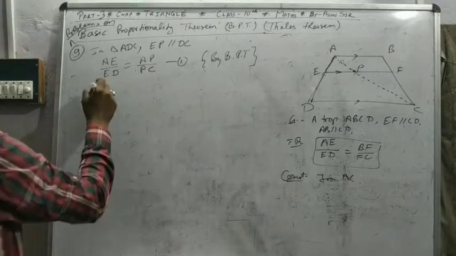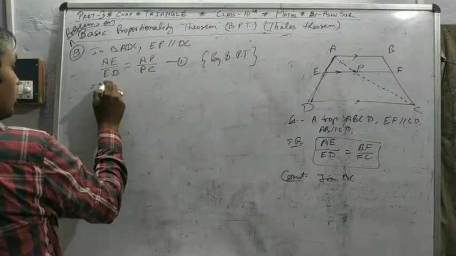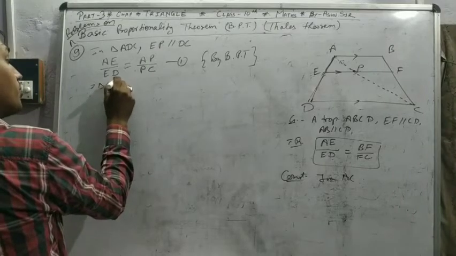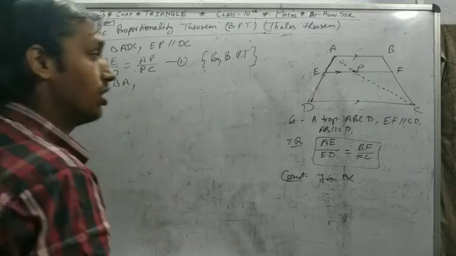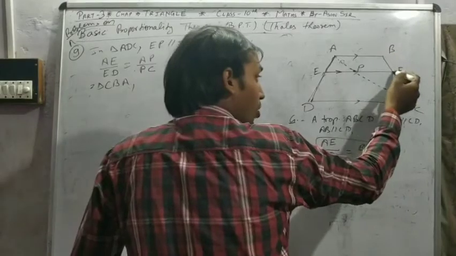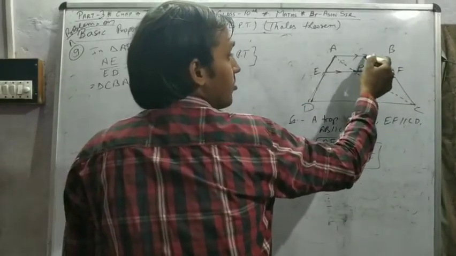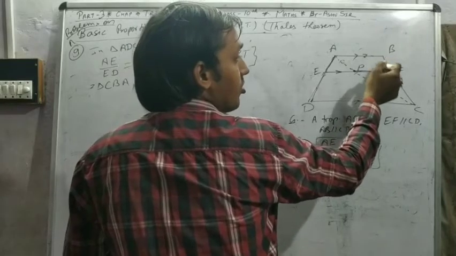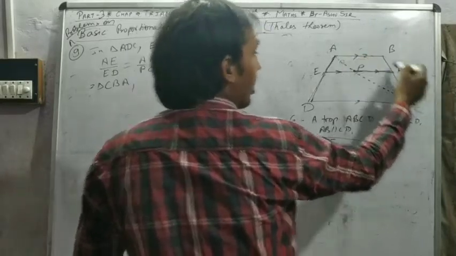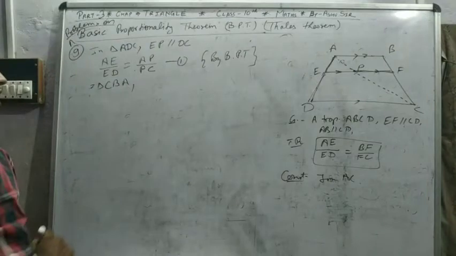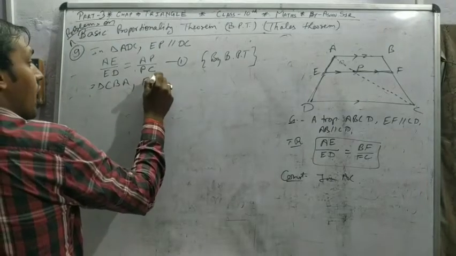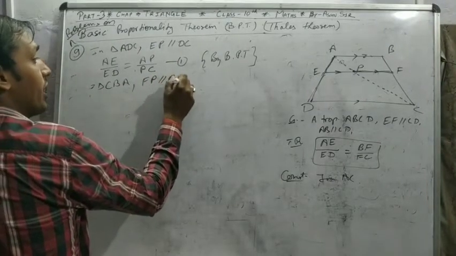Then in triangle CBA, why? We want BF upon FC. So in parallel line this, take this triangle CBA, which parallel? FP parallel to BA.